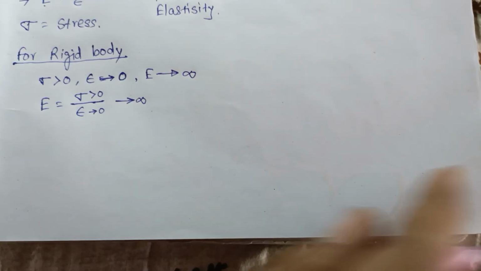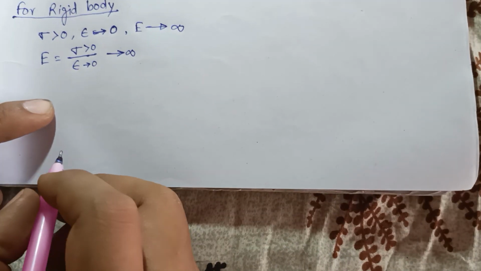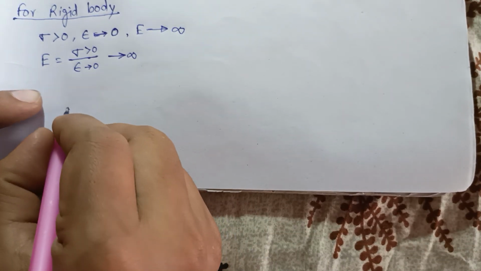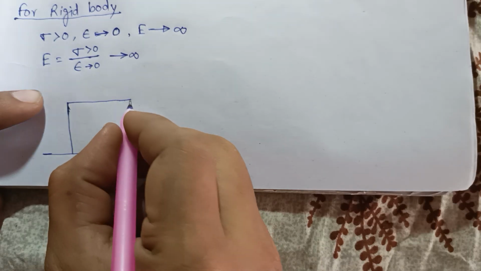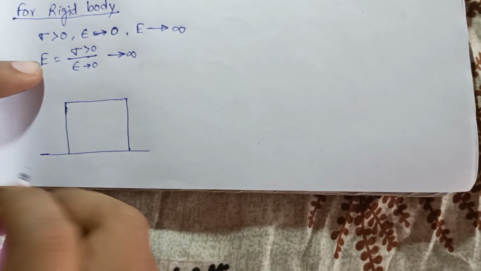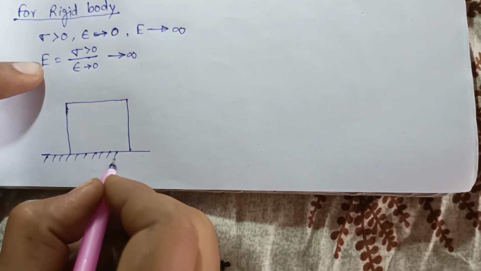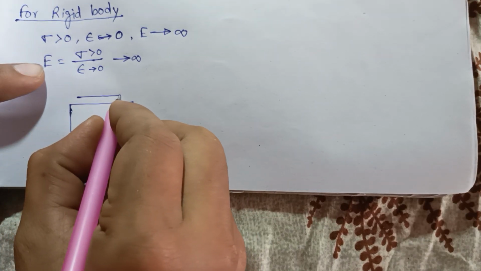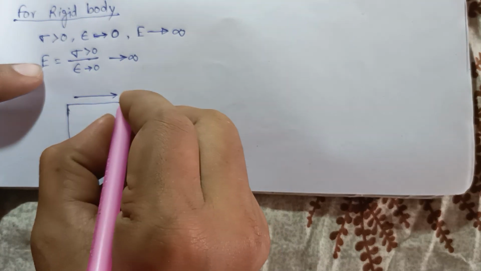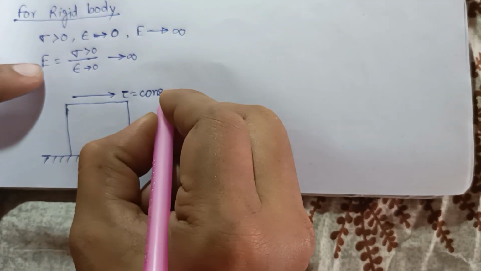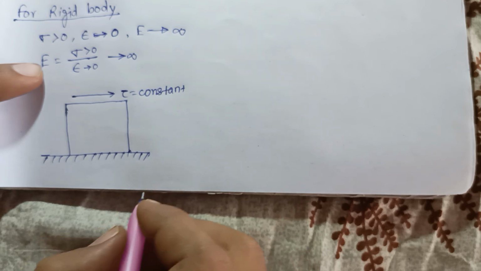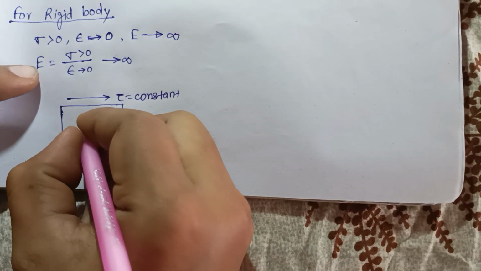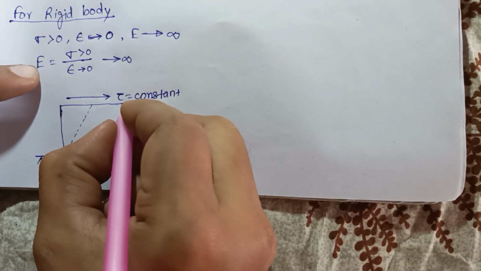Okay, now suppose there is a solid, this is the solid here. If you apply shear stress tau that is equal to constant, for constant shear stress there is a shear strain.